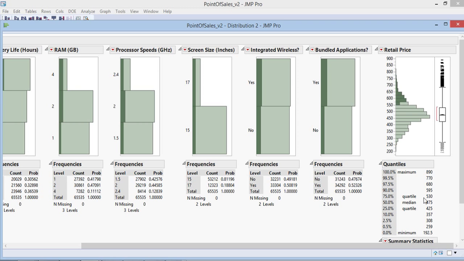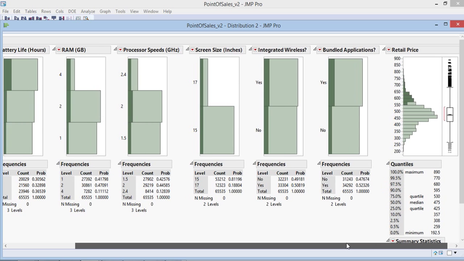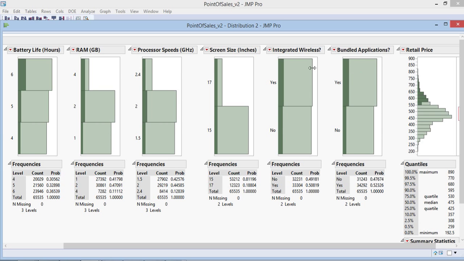So in this case, Q3 is 530, so everything above it will be considered as high price tier. So at one glance, we can see all the related data with retail price higher than 530.